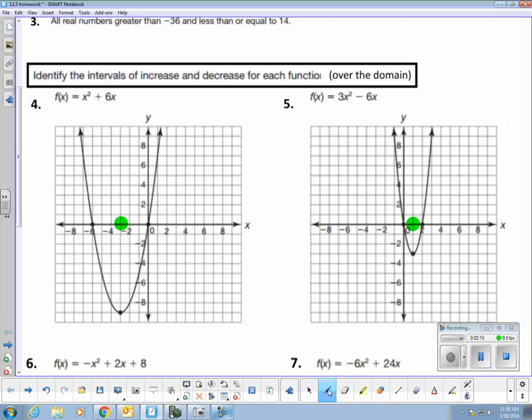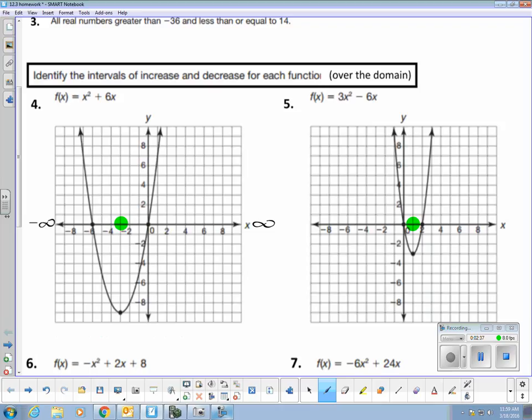So in this first parabola, we notice that we are increasing from this point to positive infinity, and we're decreasing from negative infinity down to, but not including, this point. What we want to remember is that at -3, it's neither increasing nor decreasing.